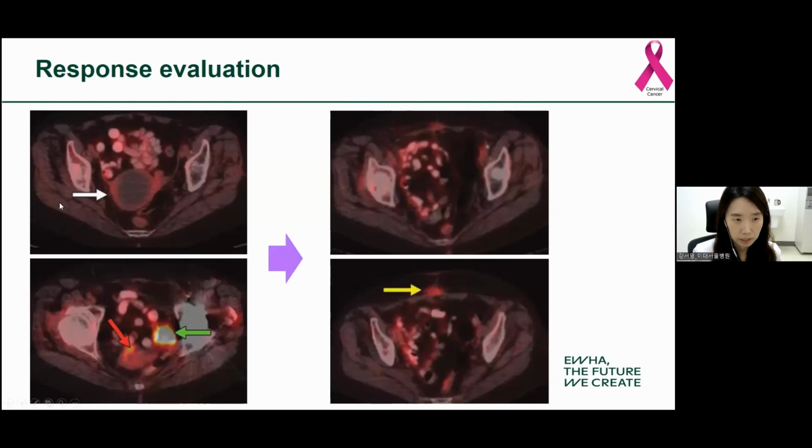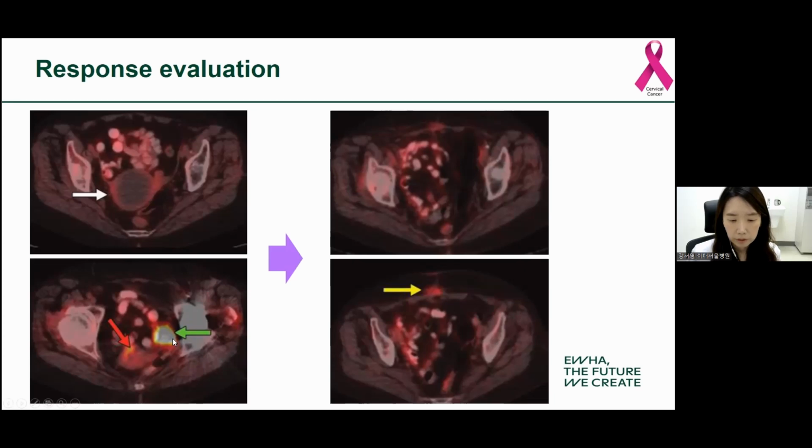the endometrial cavity is fluid filled, and there are hypermetabolic lesions, probably invading the lower uterine segment, and also there is another hypermetabolic lesion in the left pelvic cavity.